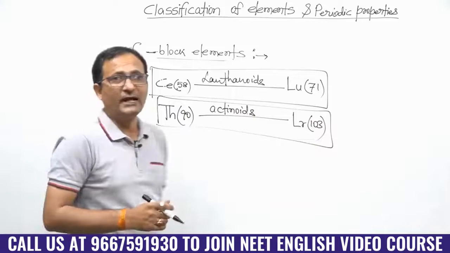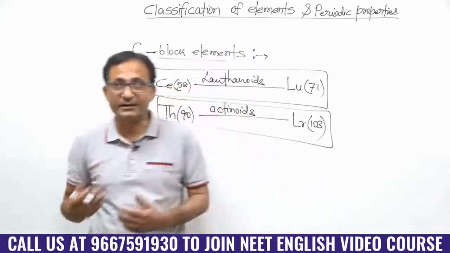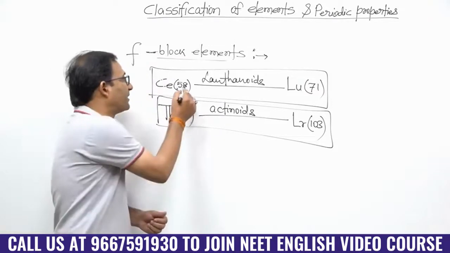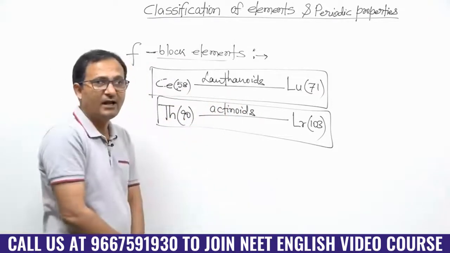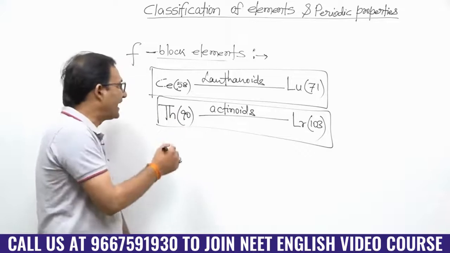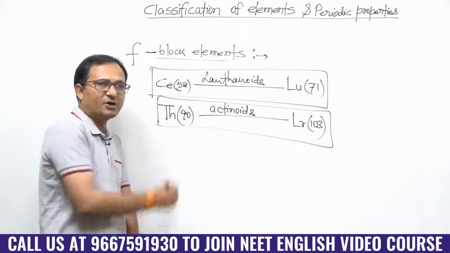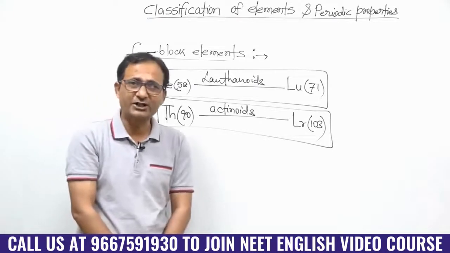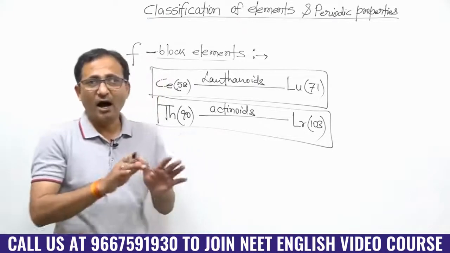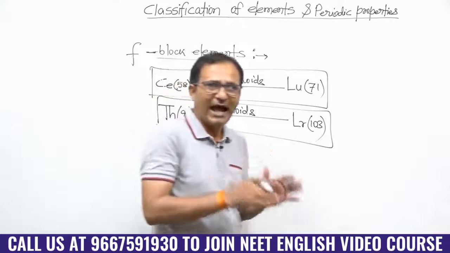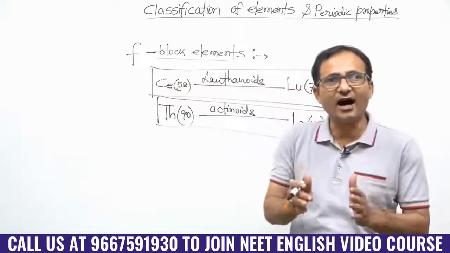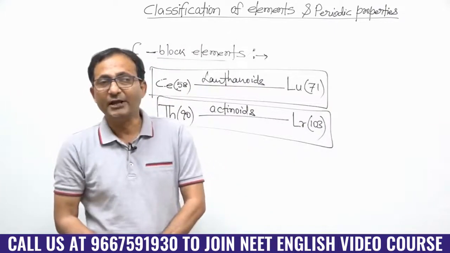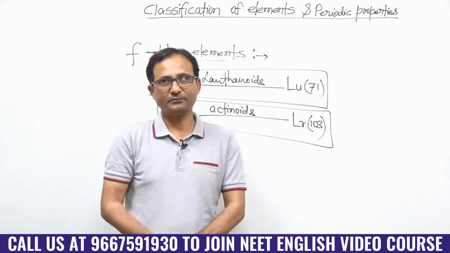So first of all, remember this, learn this. Elements from atomic number 58 to 71 are lanthanoids, and the elements from atomic number 90 to 103 are actinoids. And all lanthanoids and actinoids are f block elements, and they are in group 3.